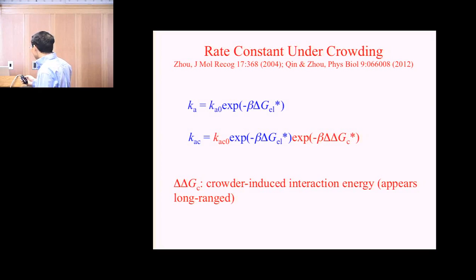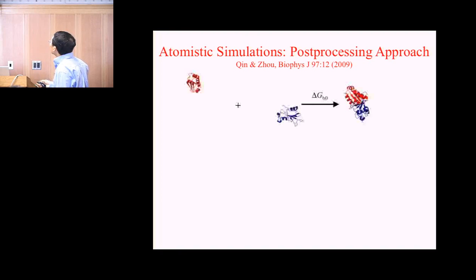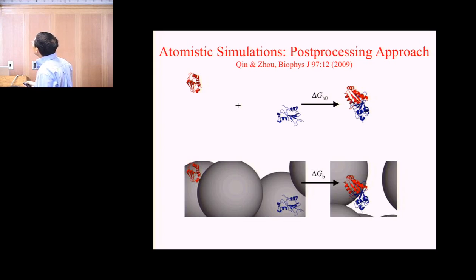Now to calculate the crowder-induced interaction, we proposed what we refer to as a post-processing approach. I'll give you just very briefly the basic idea. You can study experimentally the binding in dilute solution, and you can study the binding in a crowded solution.